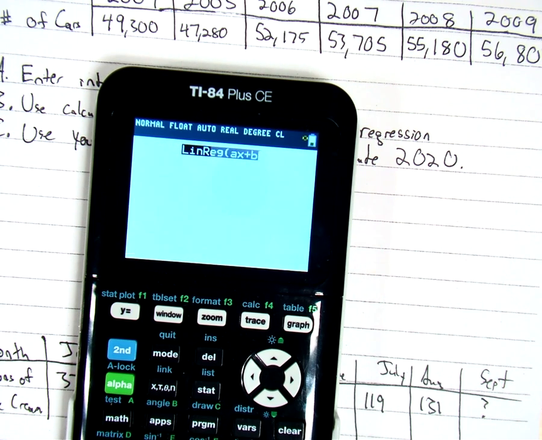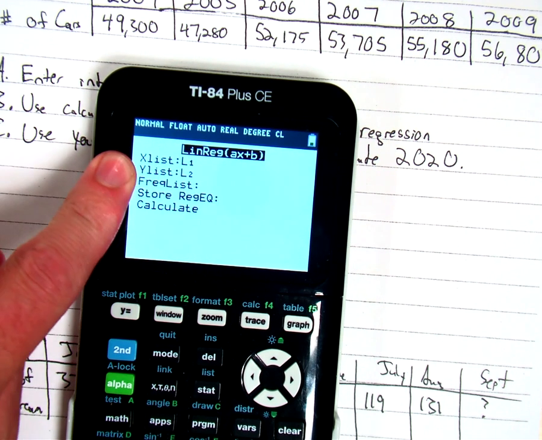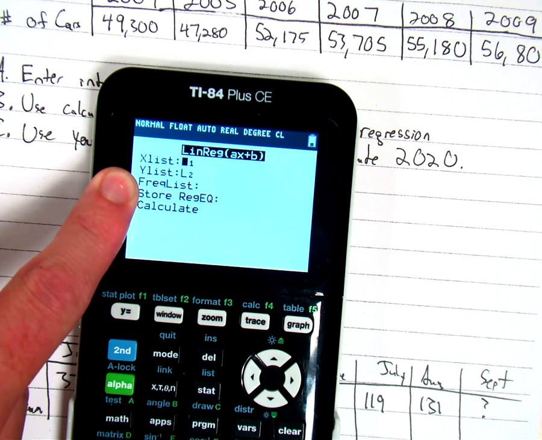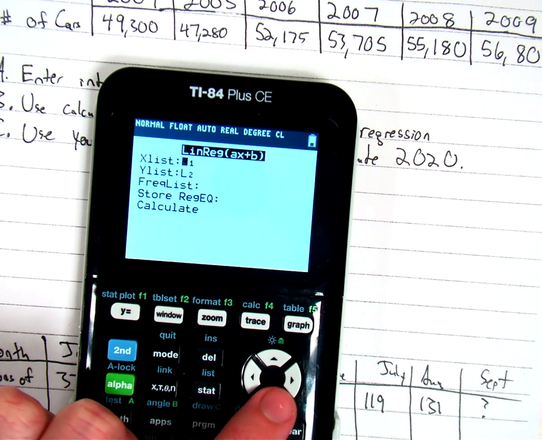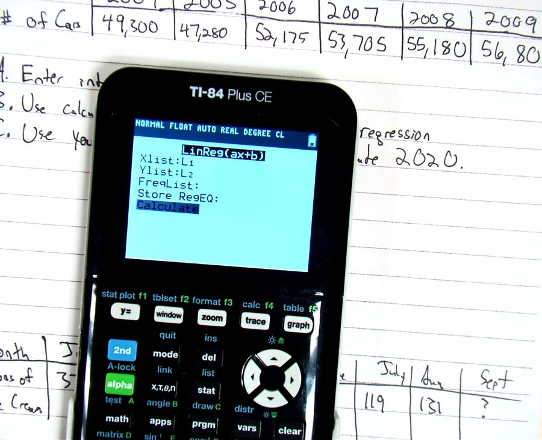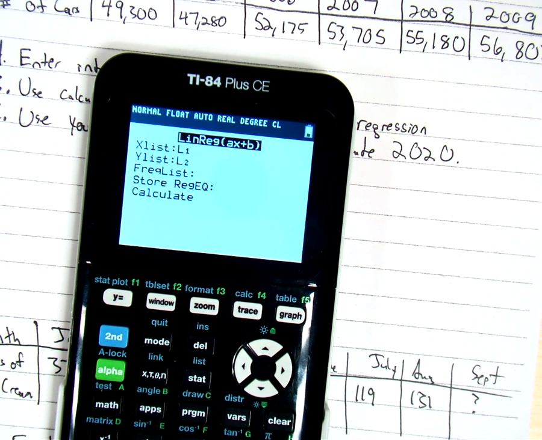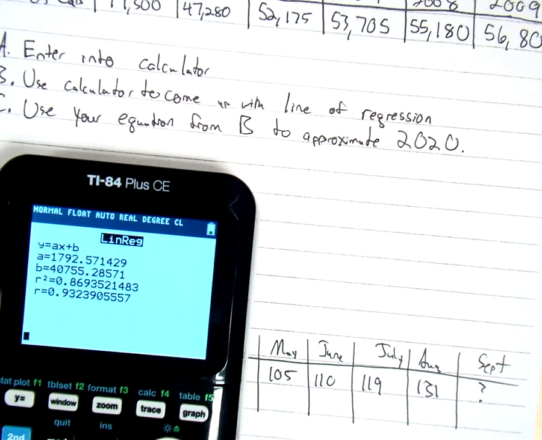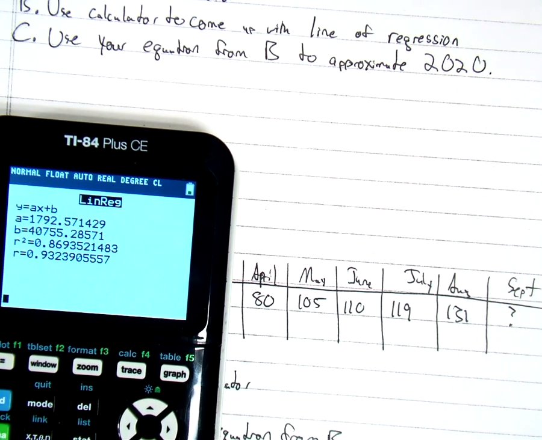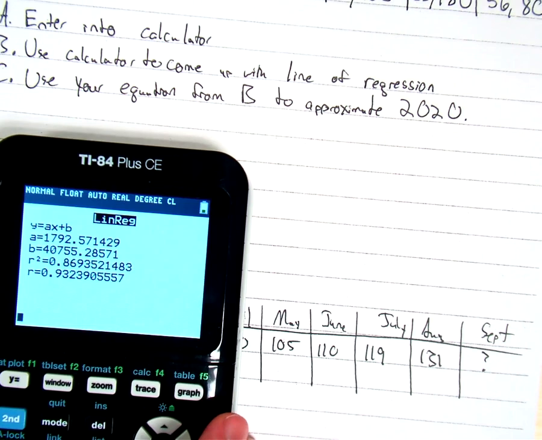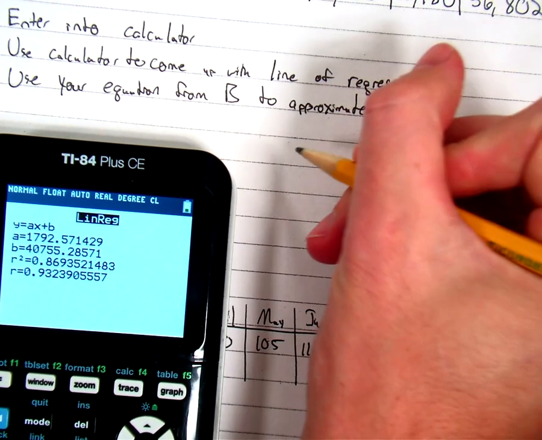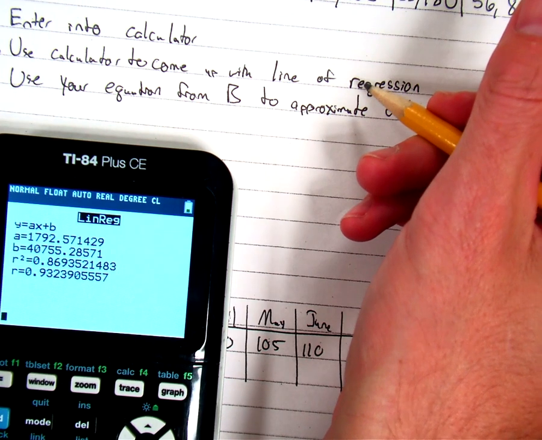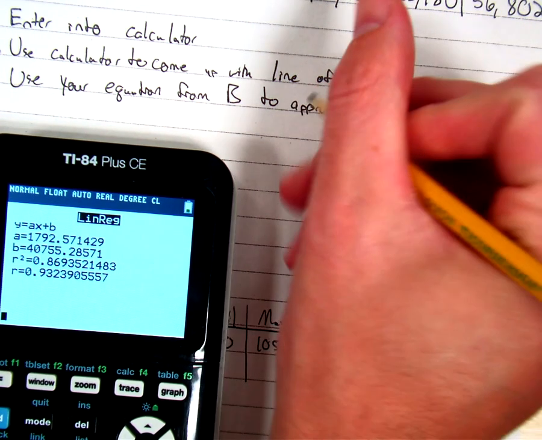Enter. My X's were in L1, my Y's were in L2. If your calculator is showing these, I want those blank for now. And we're going to calculate. Ta-da! There it is. So my line is going to be, see we got y equals ax plus b, the slope-intercept form that we were just talking about earlier in the chapter.